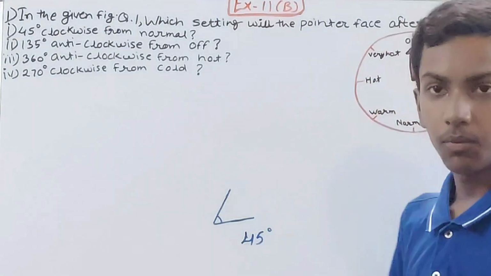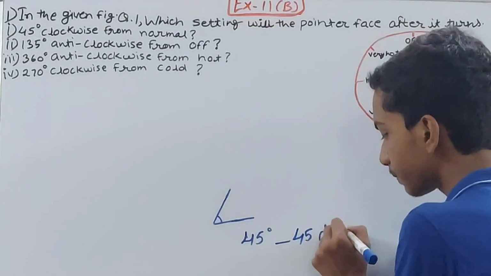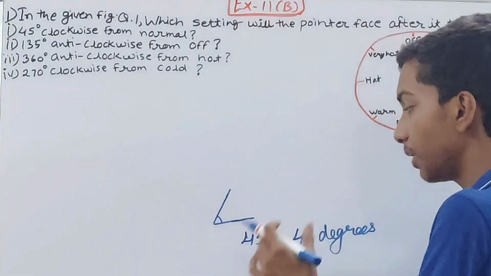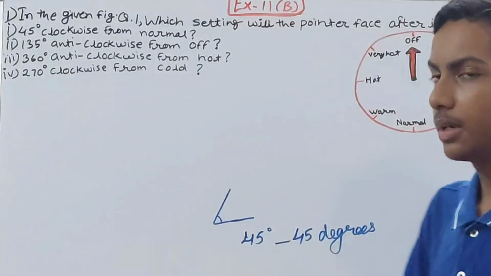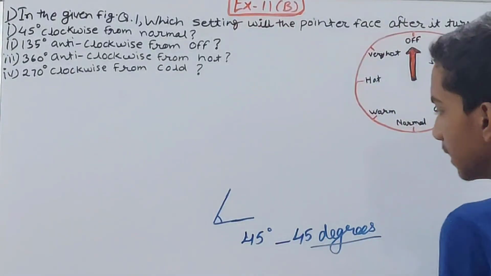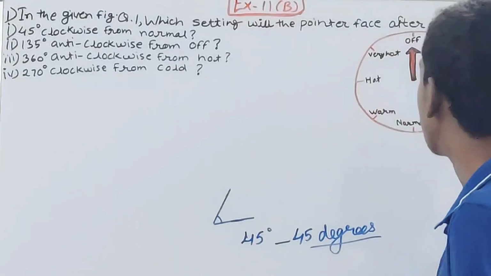This is read as 45 degrees. This is the standard unit of measure. One unit that we use to measure angles is degrees, and it is indicated by putting a dot on top of the number.